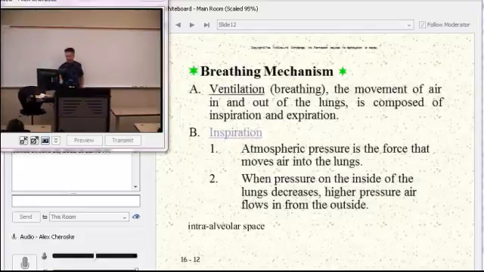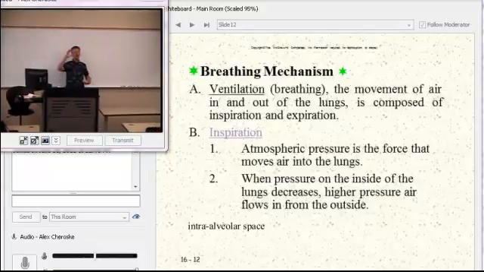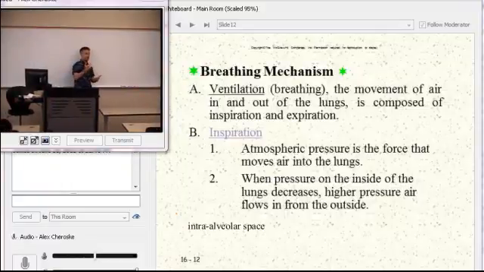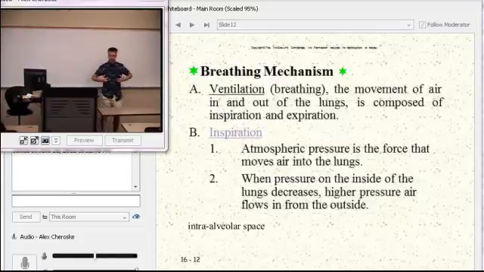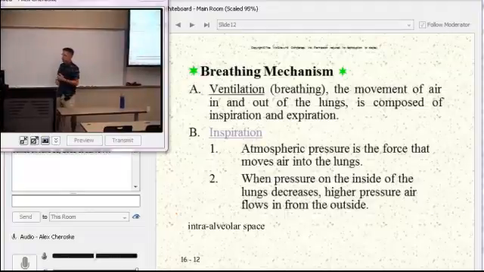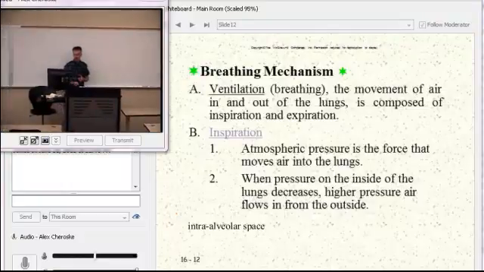Okay? So the intra-alveolar space, within the alveoli, we know the alveoli make up the lungs. So we're trying to get the air to move from the atmosphere into the alveoli of the lungs, right? And then when we exhale, we're trying to get it to move from the intra-alveolar space back into the atmosphere. So those are the two places where we're trying to move this volume of air. And so the question is, how do we do that?